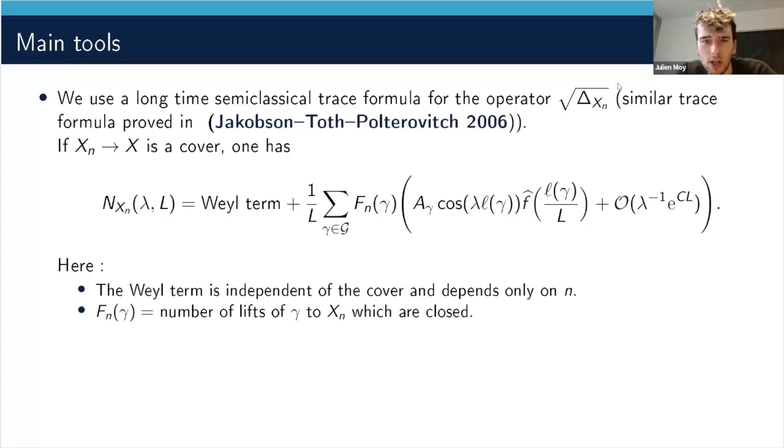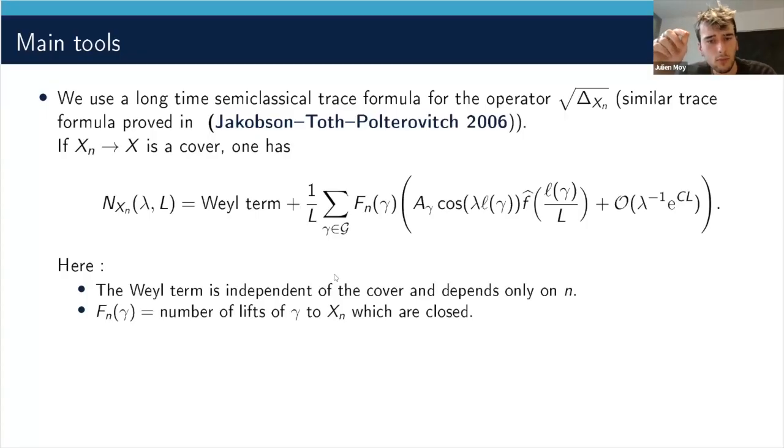And this is essentially the same formula as before, but there is a new factor, which I denote Fn of gamma, and what it represents is the number of lifts of gamma to Xn which are closed, okay? Essentially, when you take a closed geodesic on X, you can always lift the path to Xn, and you can lift a base point on gamma to n base points on Xn.